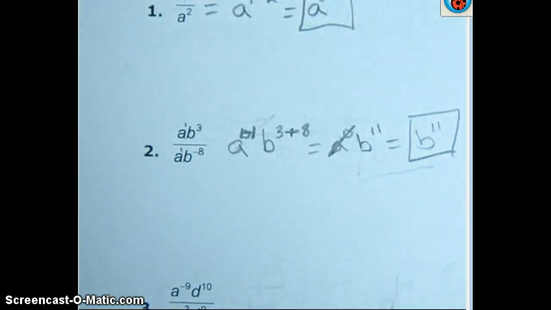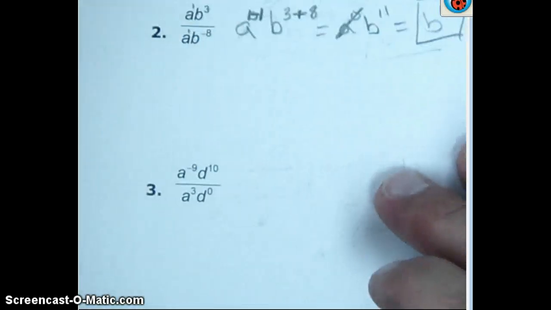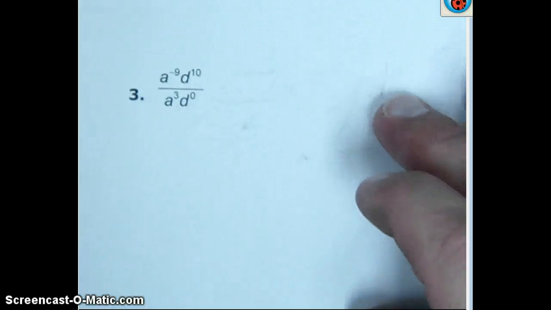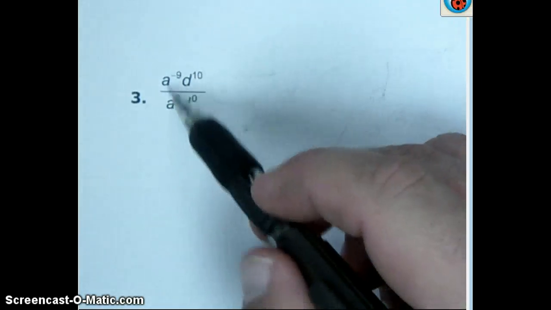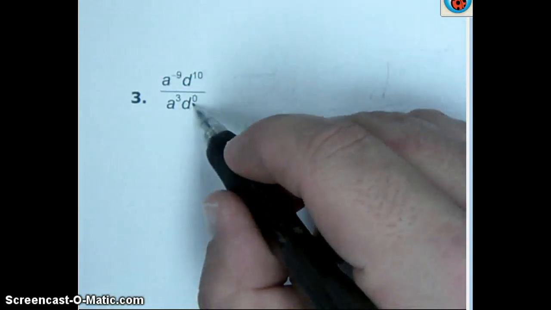Alright, let's keep going. Example number 3. Again, I've got 2 powers with 2 different variables. I have a couple of powers with a as a base and a couple of powers with d as a base. And before I do any work, I do see that I have a 0 exponent.